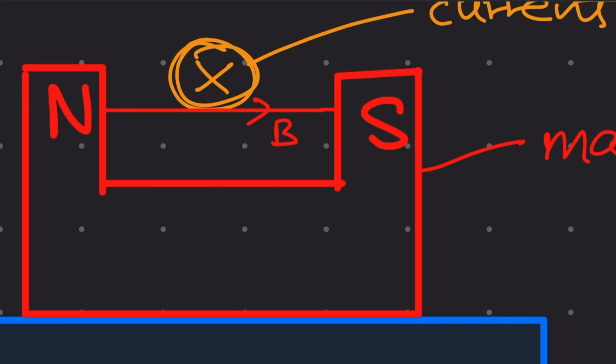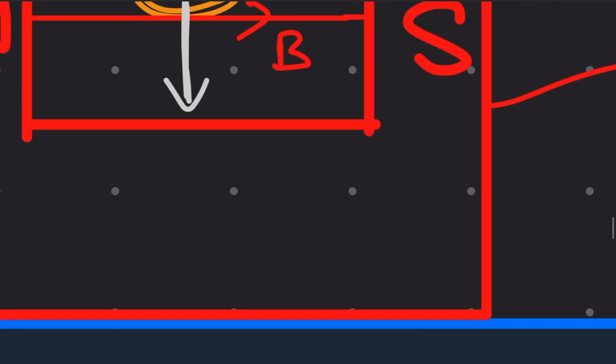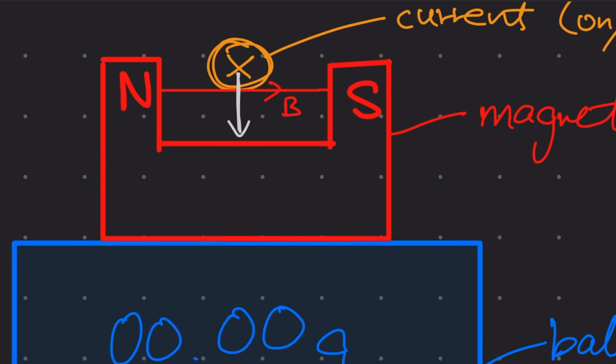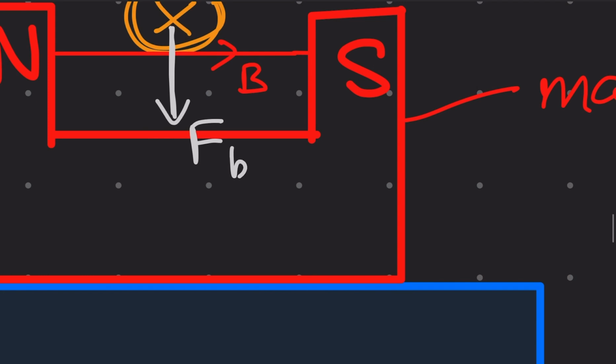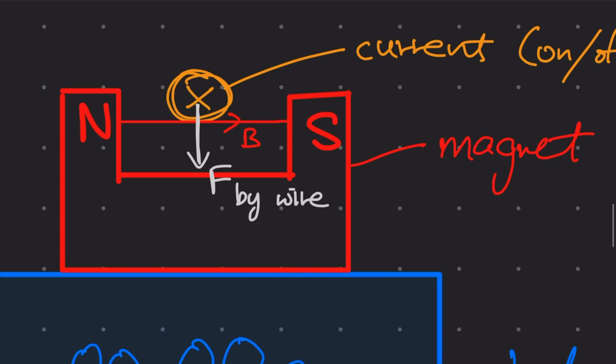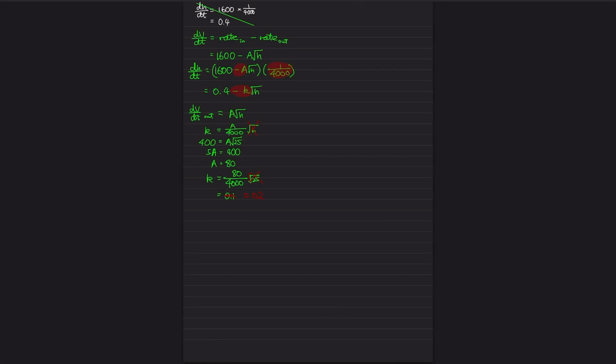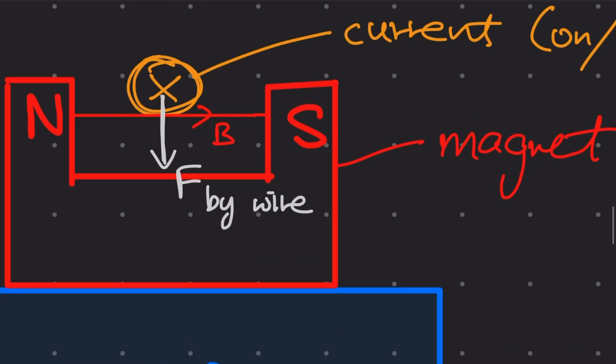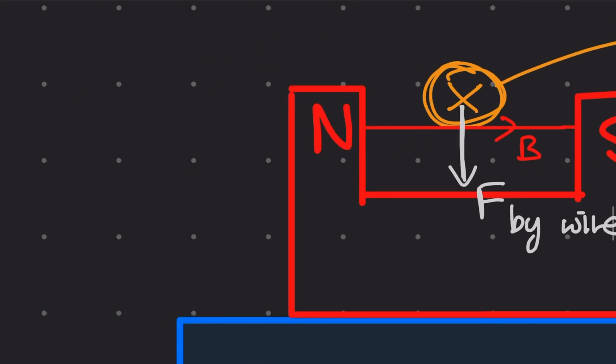Okay, so let's just label this. If you're doing this correctly, there will be a force by the wire. Hold up, should I say by the wire? Because if this B field and current make a force, this force is going to do one thing to the wire.